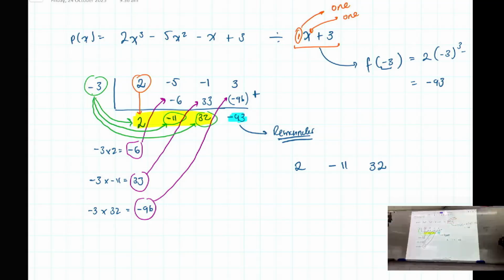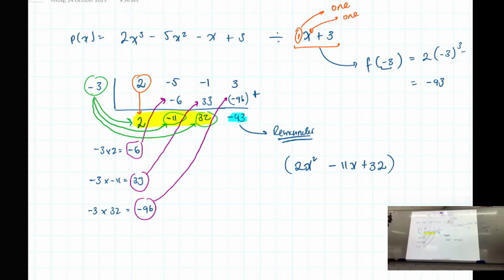Now, when I divide a cubic by a linear, what will be my quotient in terms of my variable? Would I get what order? It will be reduced by one order, it would be x squared, right? So my first term in that sense would be x squared. What will be the next one? 11x plus 32.